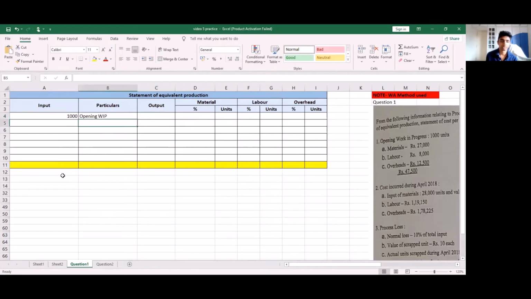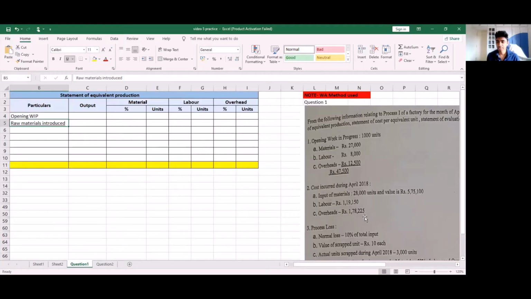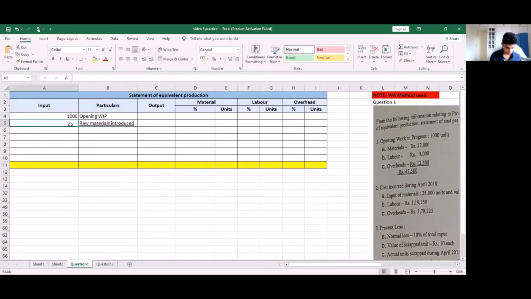Next, we have raw materials introduced. So raw materials introduced is given as input of materials 28,000 units. So our input is 28,000 units.